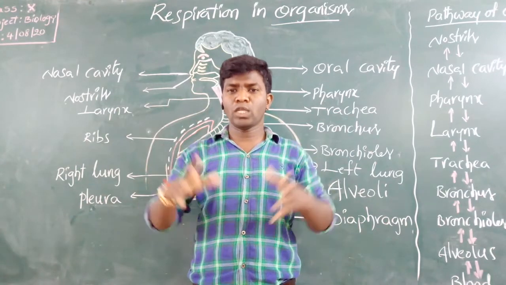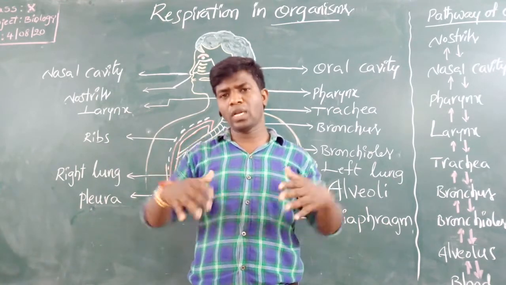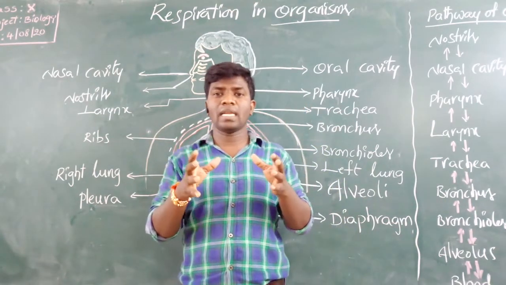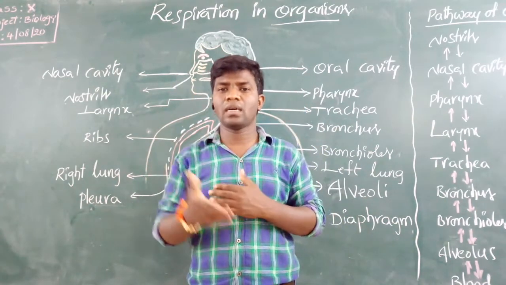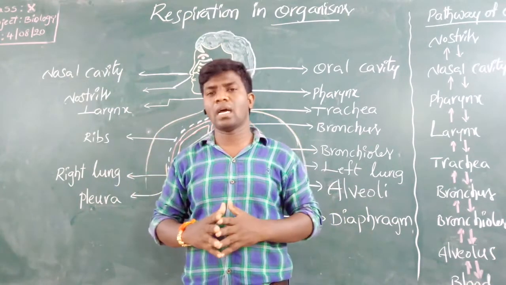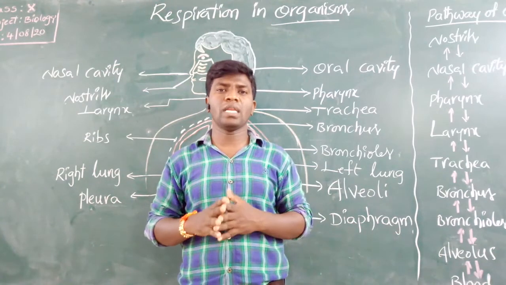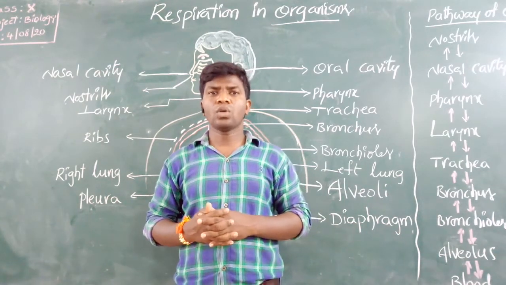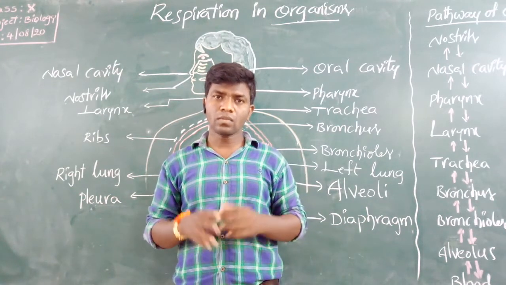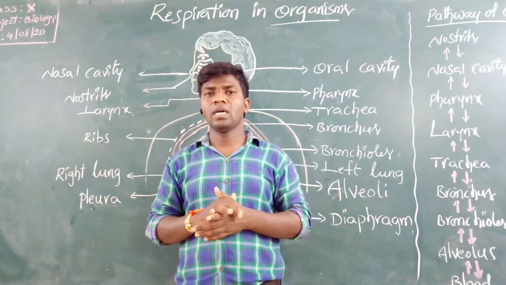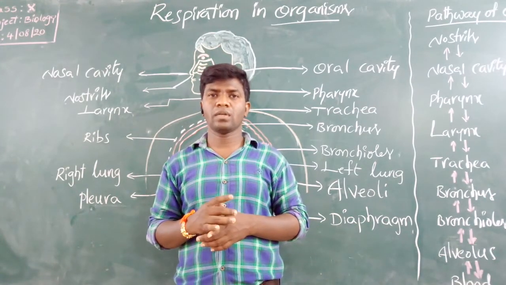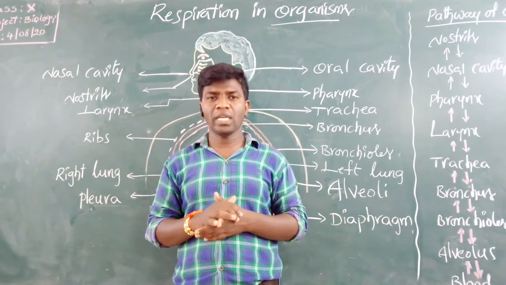As the oxygen use increases, the carbon dioxide level also increases. Then we automatically release the carbon dioxide from our body. So our breathing rate increases because there is a direct relationship between exercise and breathing.